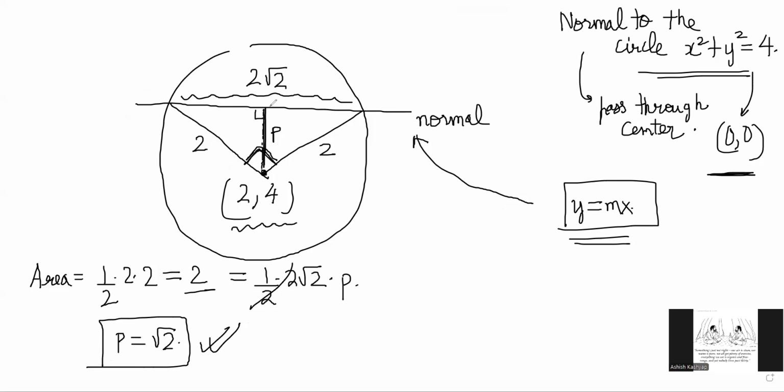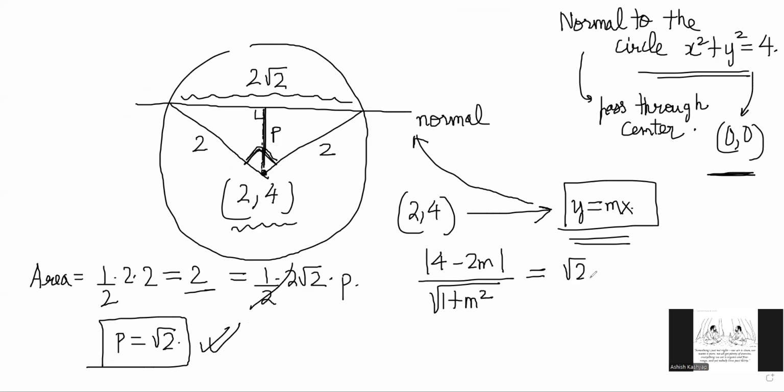So let's do that. I'll drop a perpendicular from (2, 4) to this line, and that will be basically modulus of 4 minus 2m divided by root of 1 plus m square, and that length has to be root 2. So if I square it, I will be able to find possible values of m. 4 minus 2m whole square is equal to 2 times 1 plus m square.